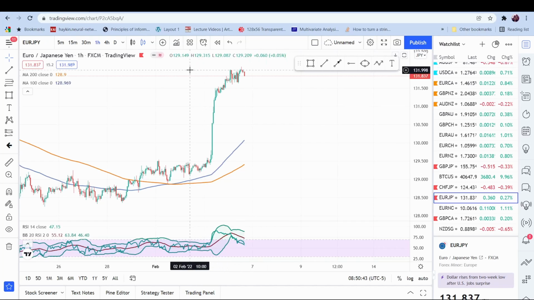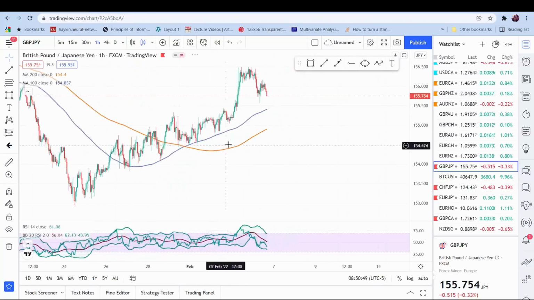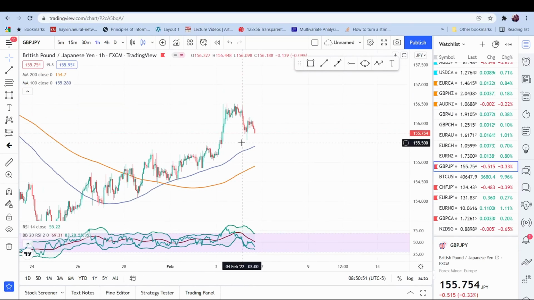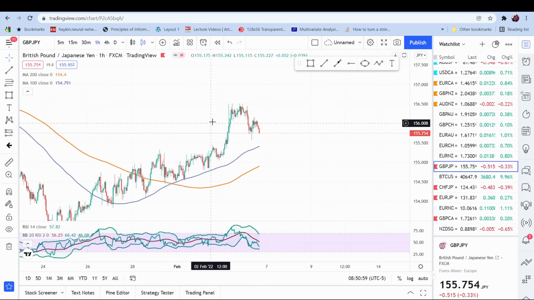We know why we would enter the Euro JPY, right? And we know why we'll probably enter the GBP JPY as well, whether it's for buys or sells. In particular, GBP JPY, we look primarily for buys just because we are heavily more bullish on the GBP. However, we need to be aware of the fundamentals and economic situation between these economies, right?